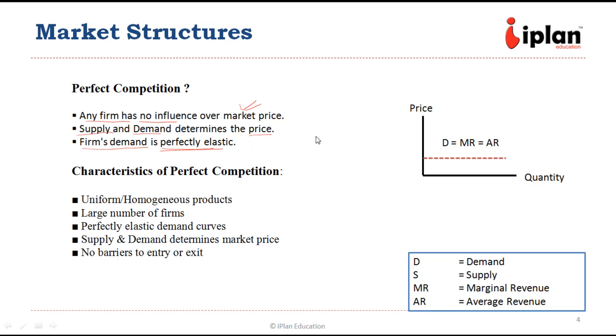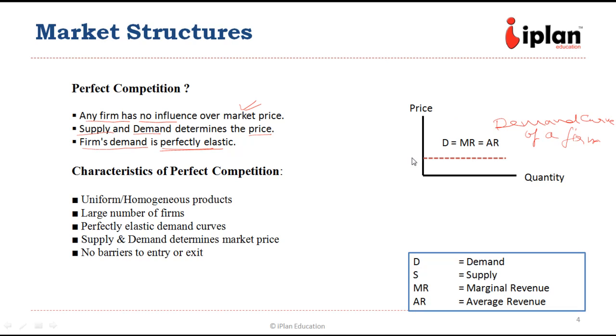Here we are talking about the demand curve of an individual firm, not of the market. Since we already know that if the company is increasing price a little bit, the consumers are not going to buy that product from this producer, because there are a lot of other firms available who are producing the same homogeneous product at the market price.